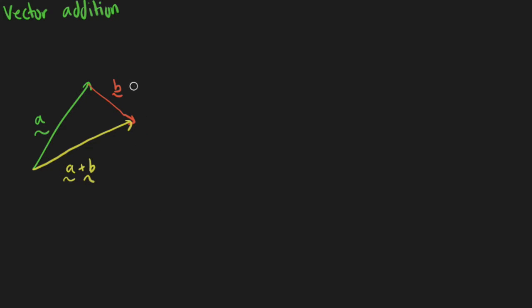Okay, so I said head to tail. What if I had taken this up and attached this head to this tail instead? Well, it turns out you would get the same vector, so it doesn't matter. You would get the same answer, right? So I'll try to draw them the same. So that's A. And let's say this is B, right?